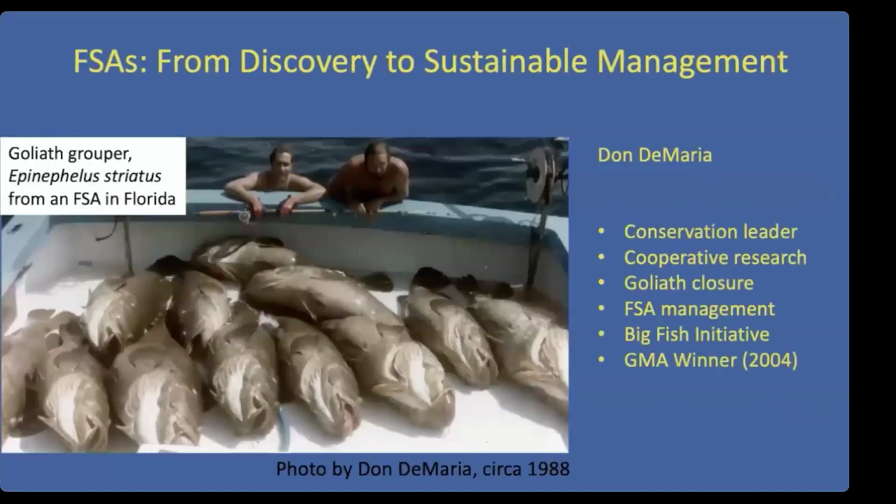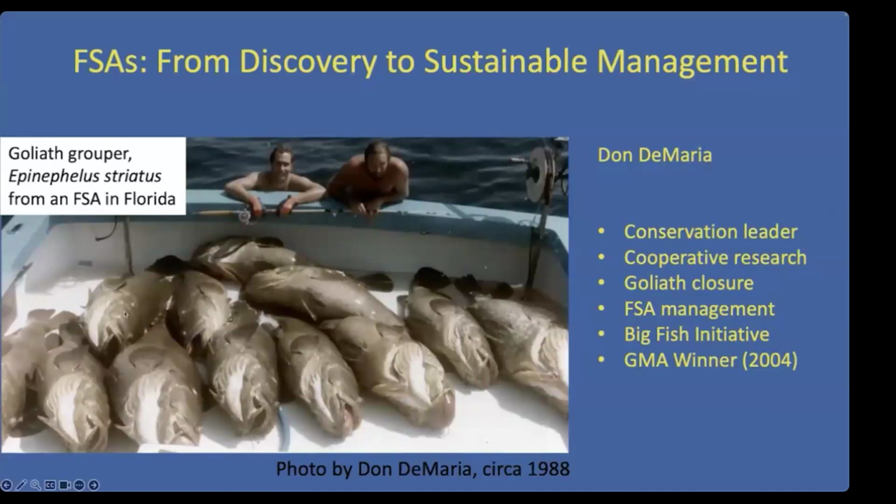This is an example from Don de Maria in Florida. Don here took this picture back in the late 80s, spearfishing with his friends for Goliath grouper on a spawning aggregation. Years later, Don became a very important conservation leader. He participated in cooperative research, both in Florida and Palau with Pat Collin.